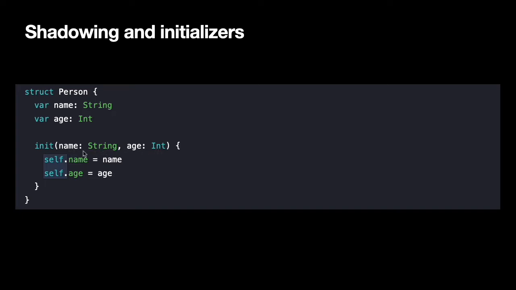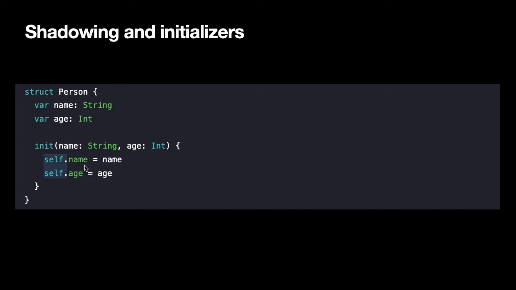And the problem is we also want to access our name property and our age property. We have to take the name parameter and copy it to the struct property. And the way we do that is we use self.name. So this name refers to the constant with more local scope, which is the parameter of the initializer.